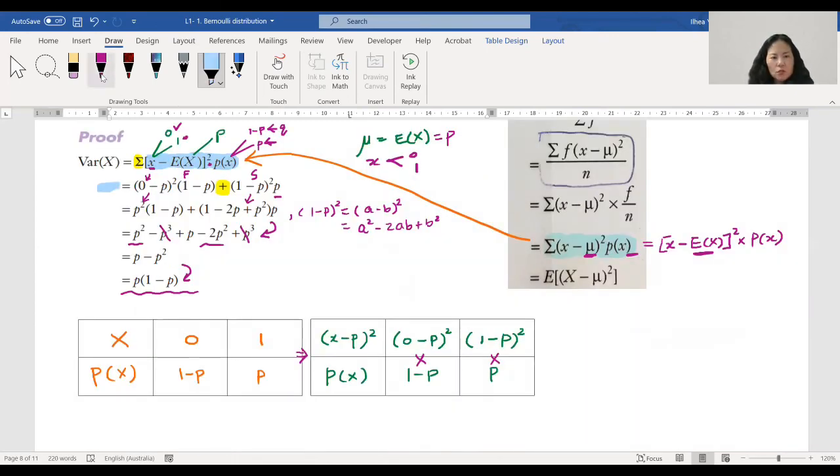This is our normal table. X, you've got 2 choices, 0 and 1. P of x, that's the fail, that's the success. Now, if we change into variance, this x becomes x minus p squared. Then the 0 case will change into this. That's all. So when you look at the pattern here, it's x minus p squared. So each x case is 0 and 1.